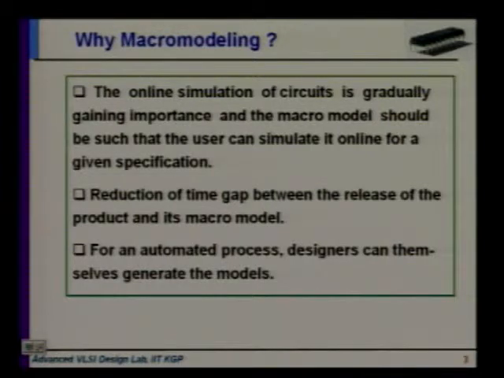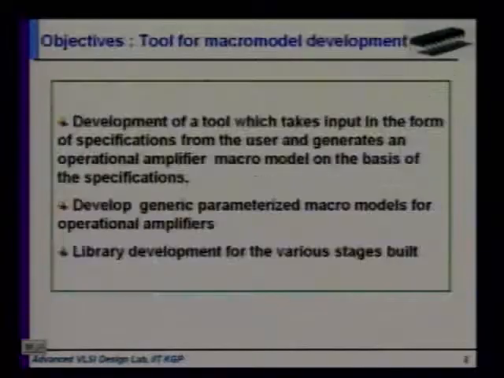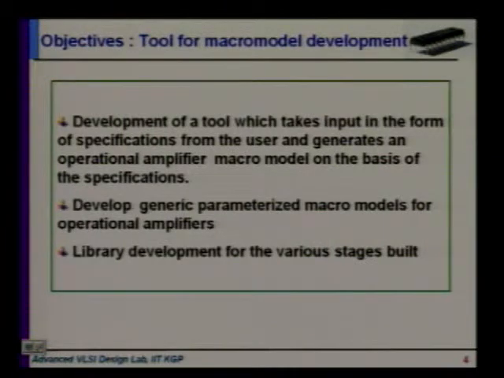In automated process design, if any tool is available, you just fix the rules, fix the specifications with which you will start, and fit the specifications to the tool. It will automatically generate the macro model and you can test it. So there lies the objective of a tool which will develop a macro model.